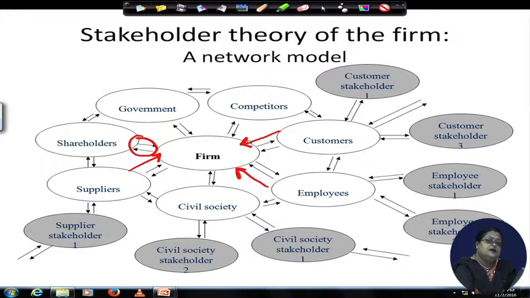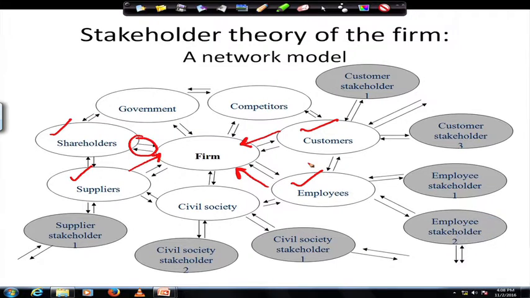Means, if you are concentrating on the diagram, you can understand that initially in the traditional model, the four important actors who have been given prominence as important contributors to the firm are shareholders, suppliers, customers, and employees.